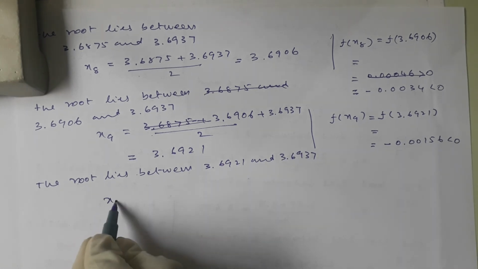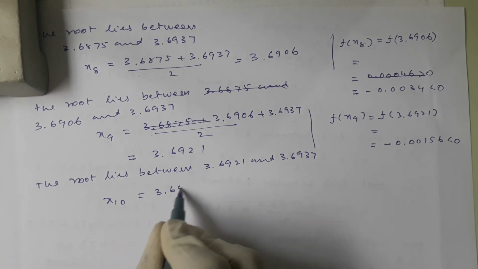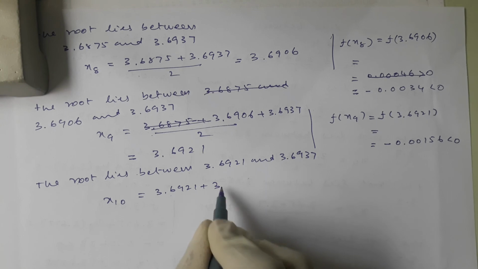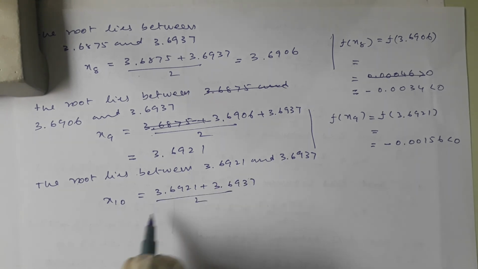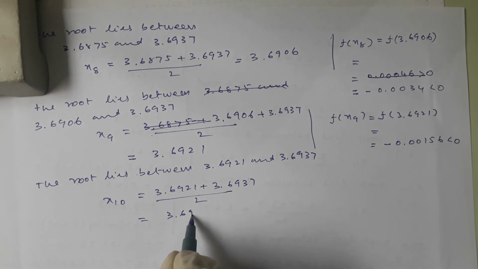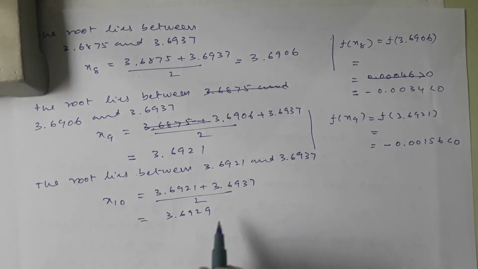Right, x10 is equal to (3.6921 plus 3.6937) divided by 2, which is equal to 3.6929. Right, up to 3 decimal places these values agree.